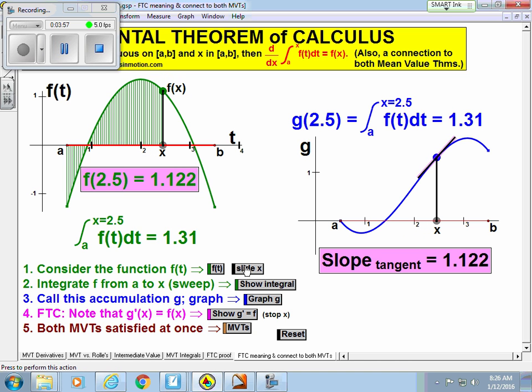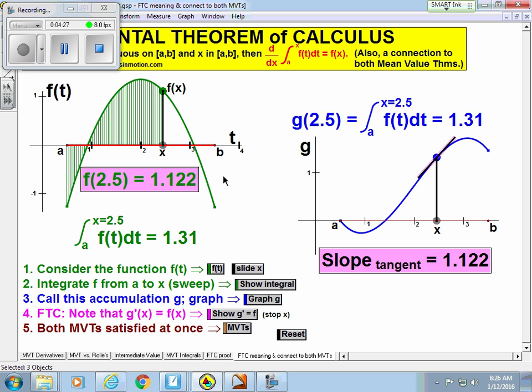Is it the same as the original y value? So the derivative of the integral is just the original y value. So that means the derivative and integral undo each other somehow. They are inverses. Crazy, isn't it?